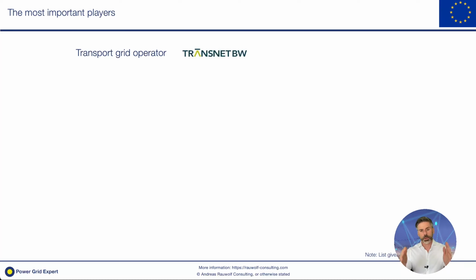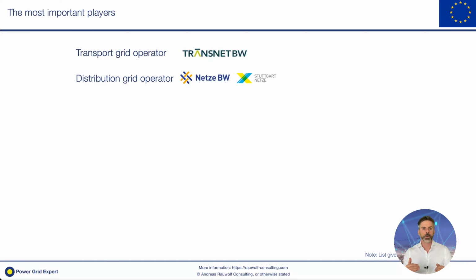Coming from the high voltage level, we have the operator that runs the high voltage and very high voltage networks. These are the so-called transport grid operators. There's one example of one here in Germany.